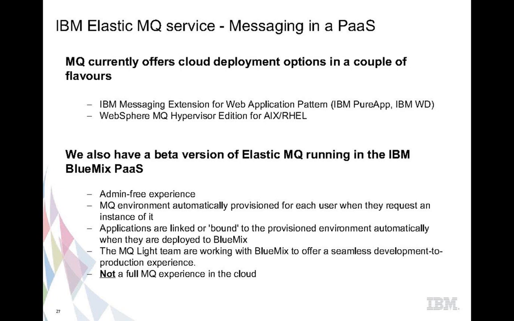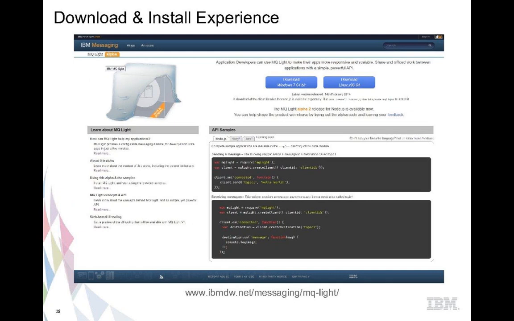I'm moving on to the next slide. So the download and install experience. This is the download page, the MQ Lite beta page, and you see two blue buttons, one for Windows 64-bit and another for Linux.